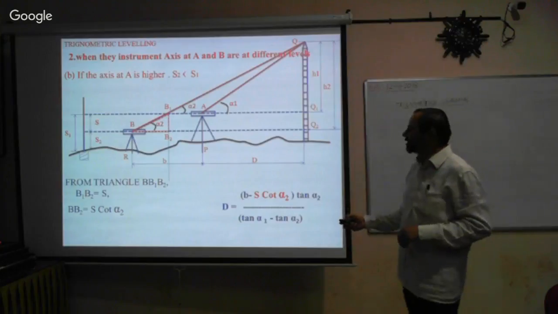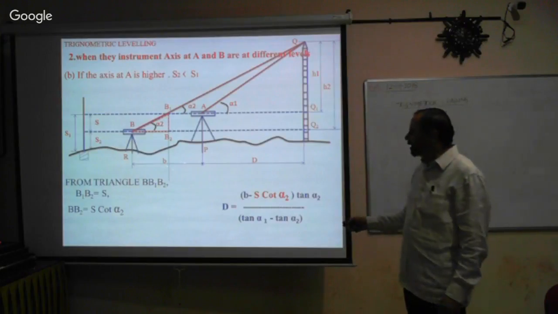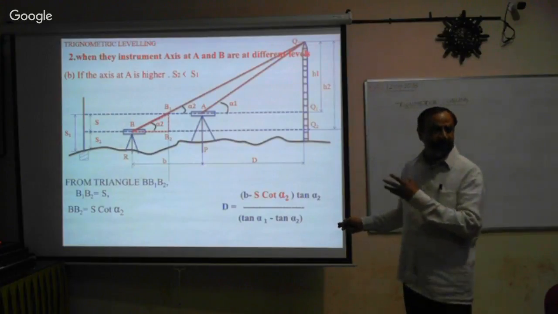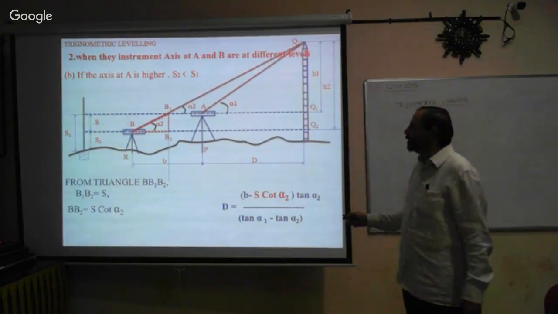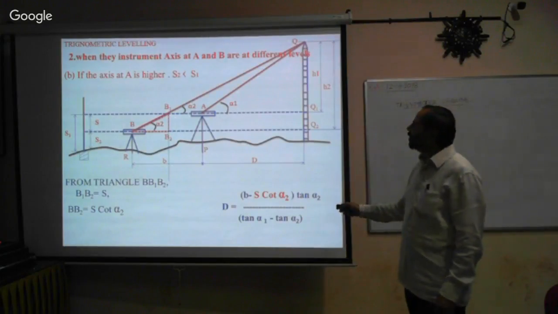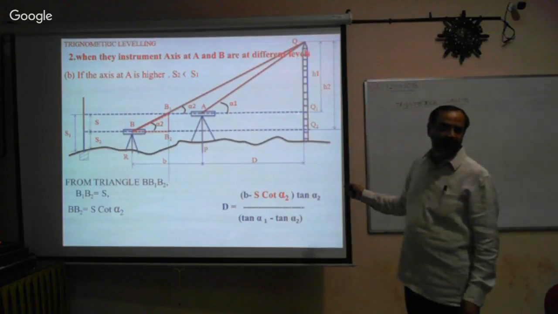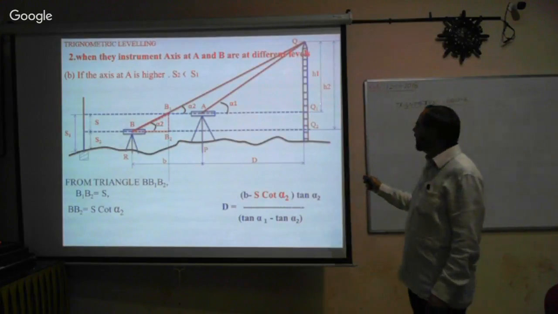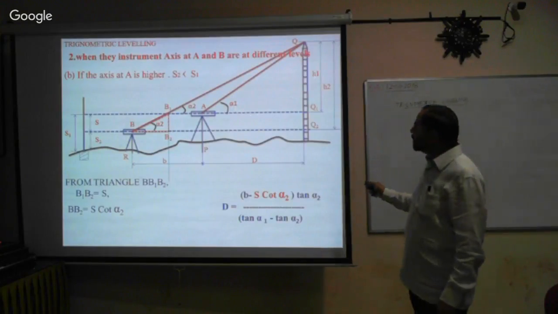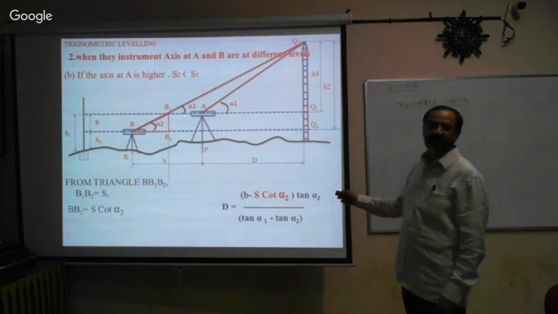See, in the previous case, this distance B fixed by ourselves in this procedure. Here B is decreased. Now consider this triangle Q, B1 and Q1, the second triangle. Considering the first triangle with alpha 1, H1 is equal to d tan alpha 1.